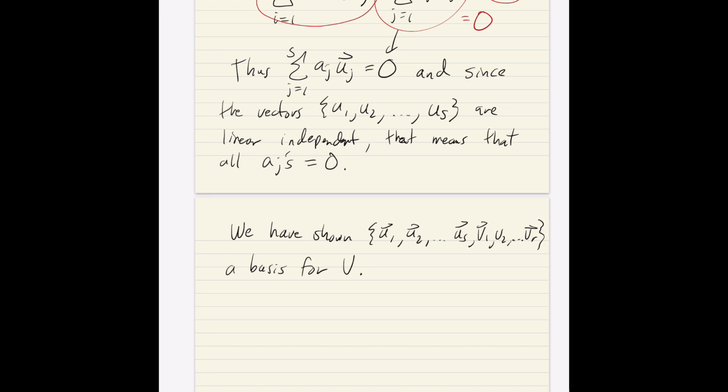How many vectors are there in this basis? Well, from 1 to s there are s of the u vectors, and from 1 to r there are r of those. So that's s plus r vectors.